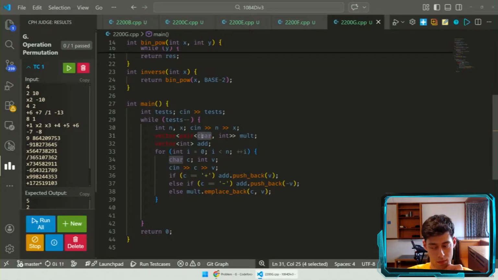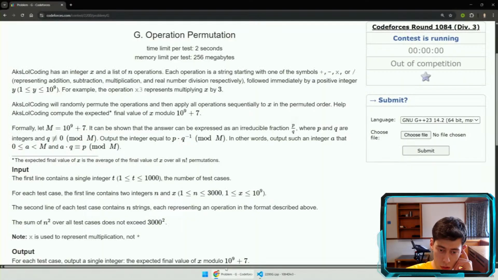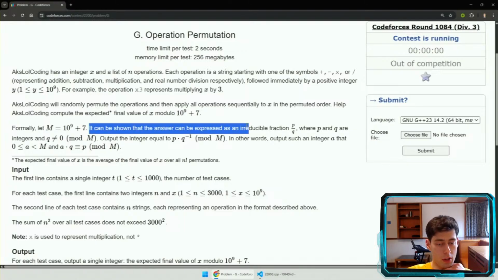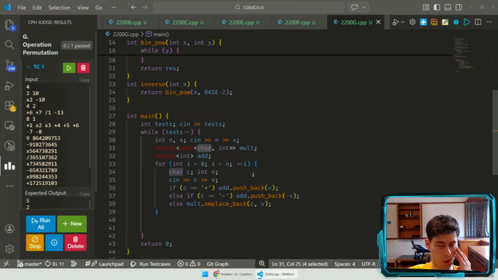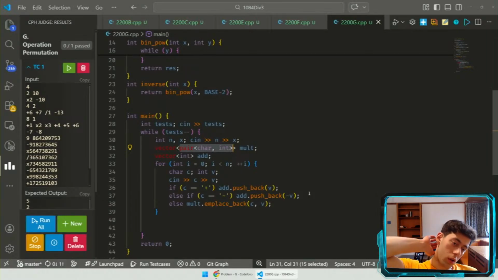And I'm looking for the expected value modulo m. I think the other way it wouldn't work, but this way it does. So I think I can just store these divisions directly as multiplications modulo.